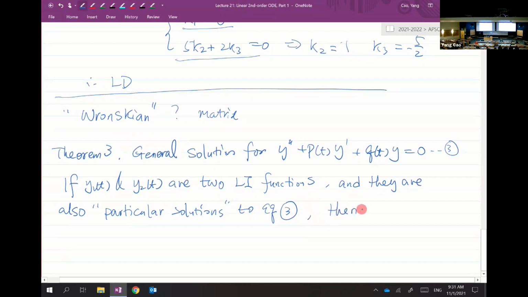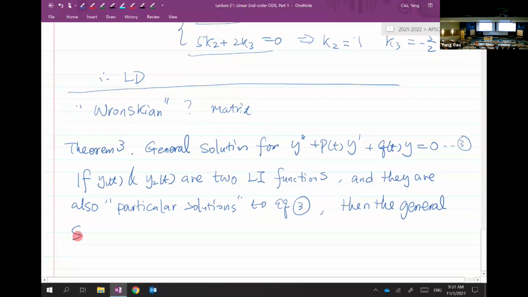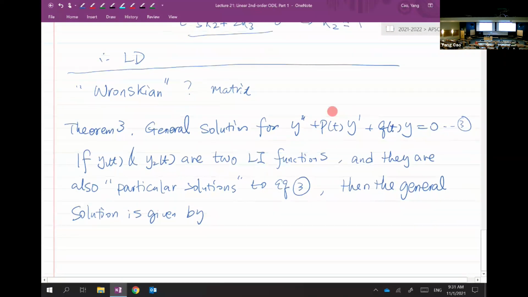Then the general solution is given by the following expression: y of t equal to c1 y1 of t plus c2 y2 of t.